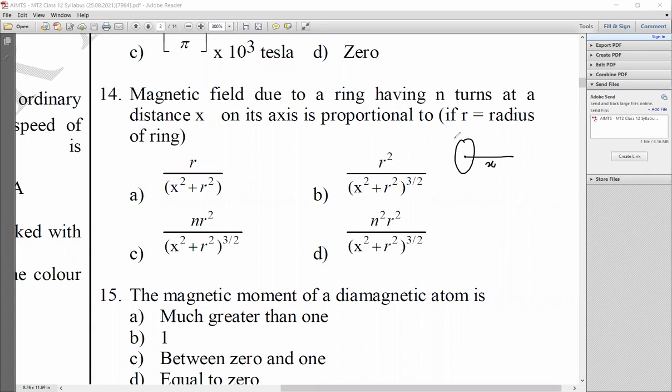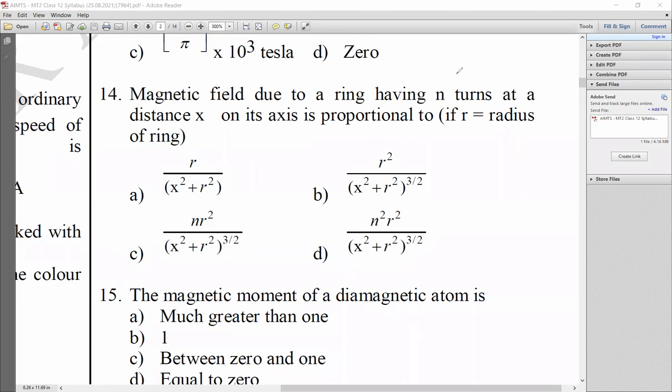Magnetic field due to ring of n turns, number of turns is n, at a distance x on its axis, r is radius of the ring. Okay, so obviously it should be proportional to n, not n square. It should be n. Option C is correct. And r square over x square plus r square to the power 3 by 2.